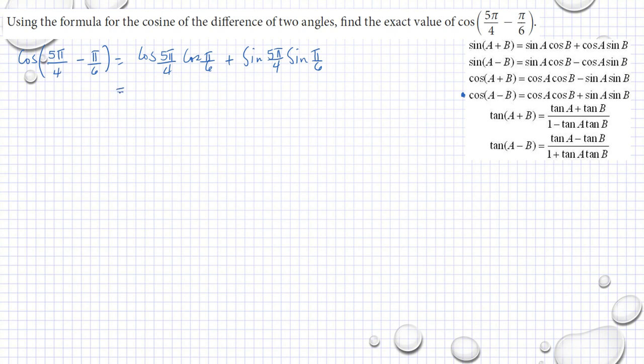And we know that 5 pi over 4 is in the second quadrant, so that is 45 degrees.